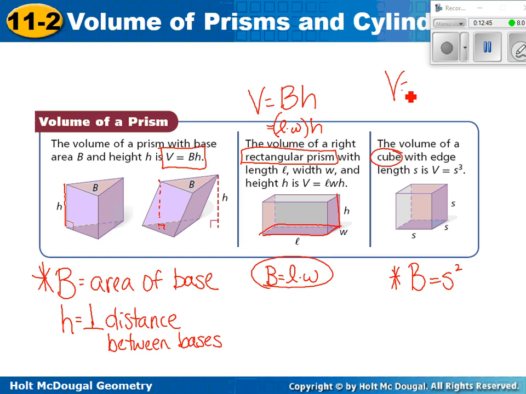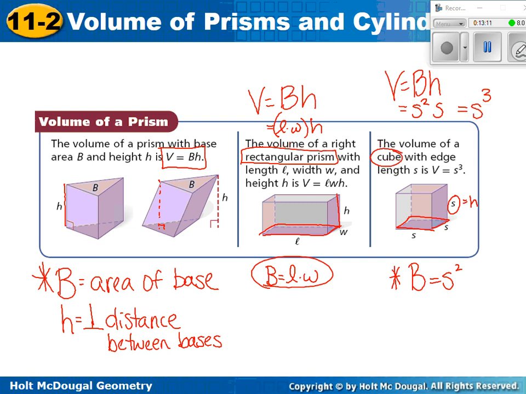If my volume is capital BH, and we just said capital B is S squared, what's the height of the cube going to be in this picture? S. So this is our height. This was our base. So we plug in S for the height. What is S squared times S? S cubed.